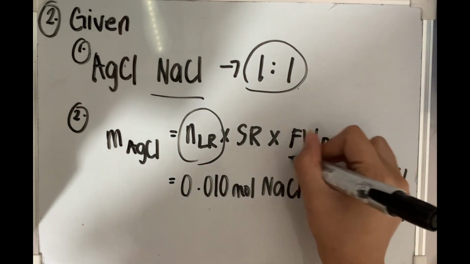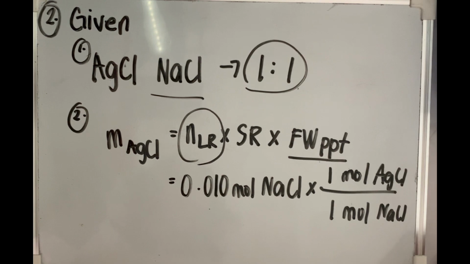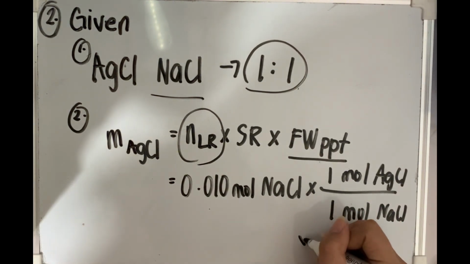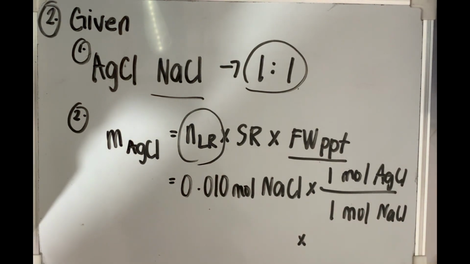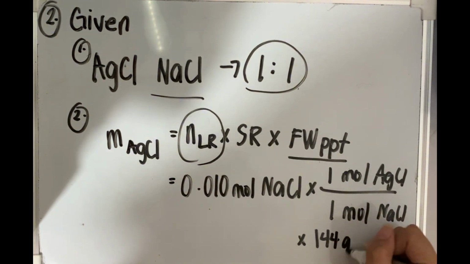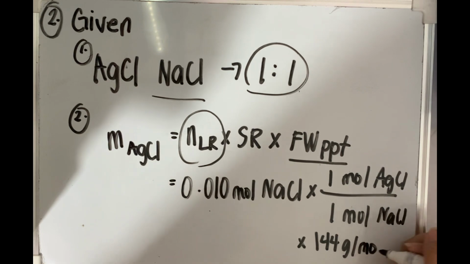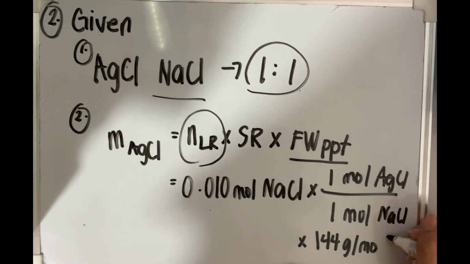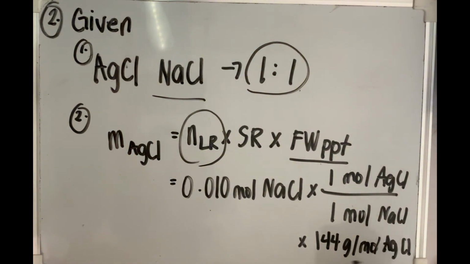Next is the formula weight for the precipitate. So, I will just write it here since we are running out of space. The formula weight is 144 grams per mole AgCl. How did we get this 144?